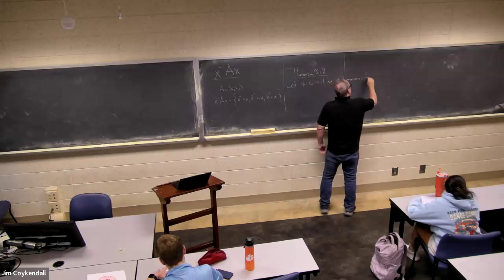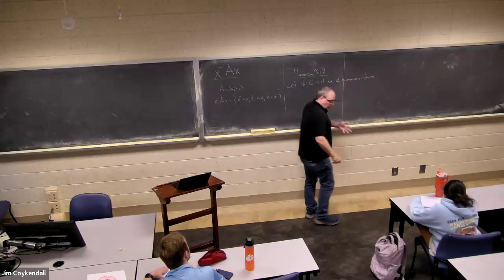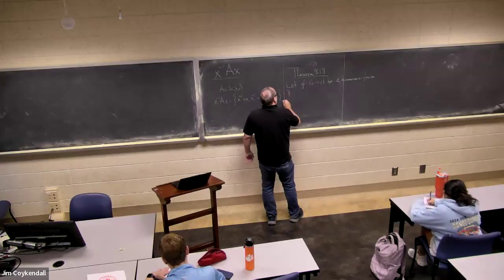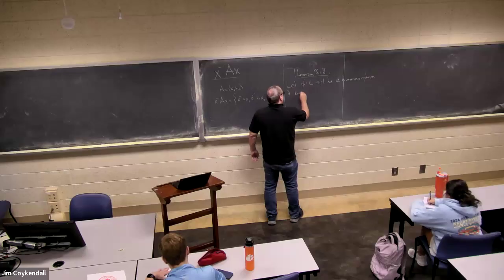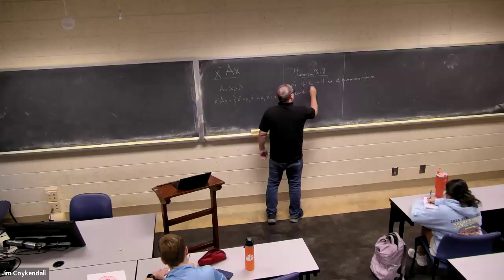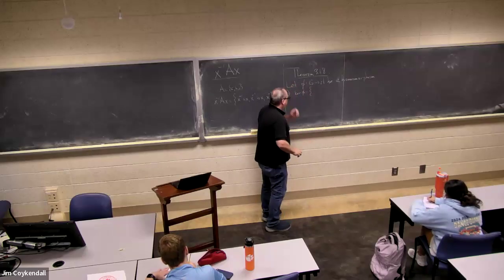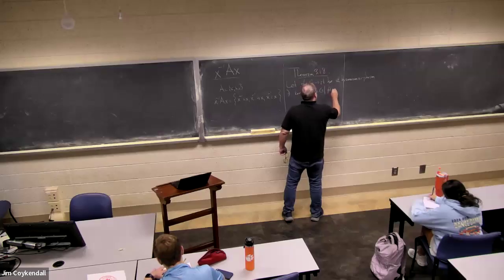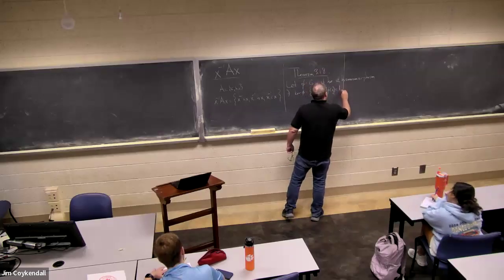So I'm going to define a couple of very important groups related to this homomorphism. One, the kernel of phi, which is the set of all g in G such that phi of g is the identity of H.